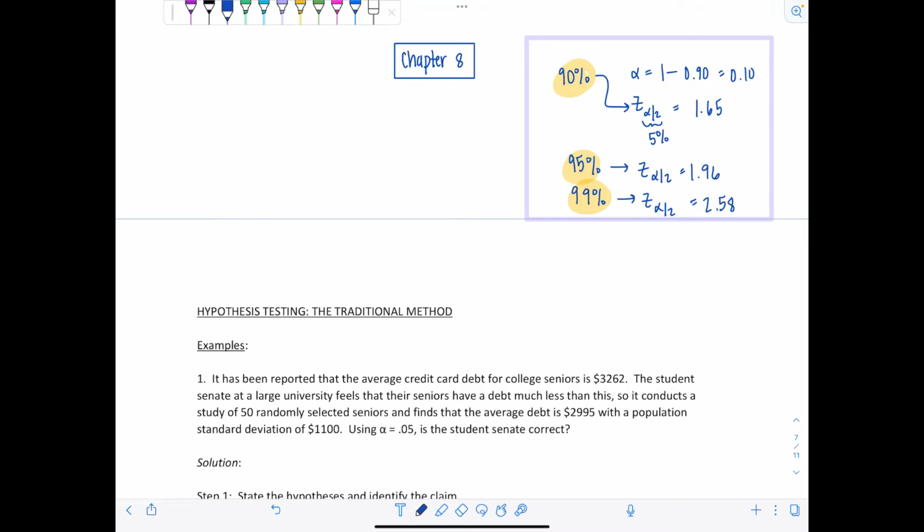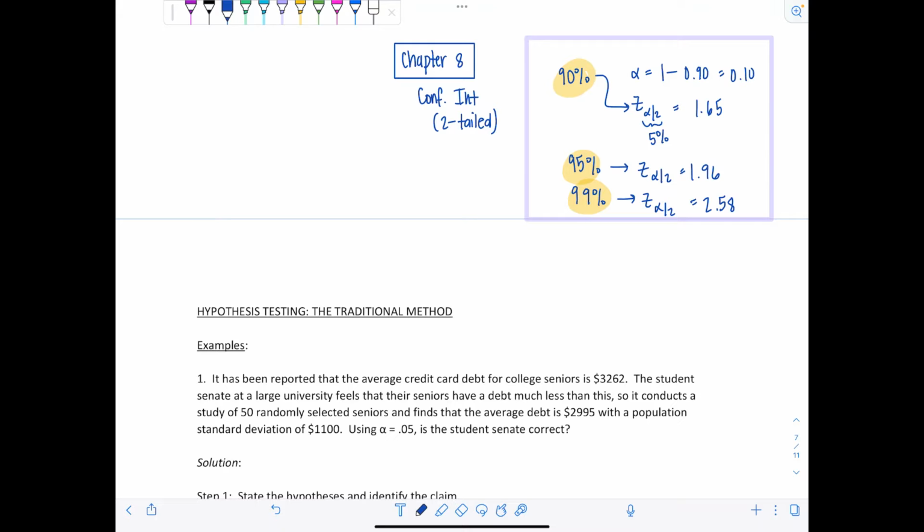So you had 5% on each side, and then z sub alpha over 2 was 1.65. At 95%, z sub alpha over 2 is 1.96, and at 99%, z sub alpha over 2 is 2.58. So this comes from confidence intervals, which are always two-tailed, always, right? But we can still use these values for our hypothesis test, even if they're one-tailed, just pick the right one. I'll show you what I mean in just a second.